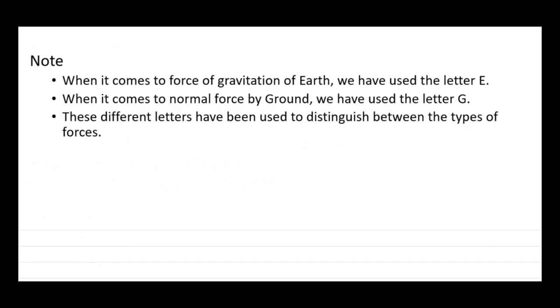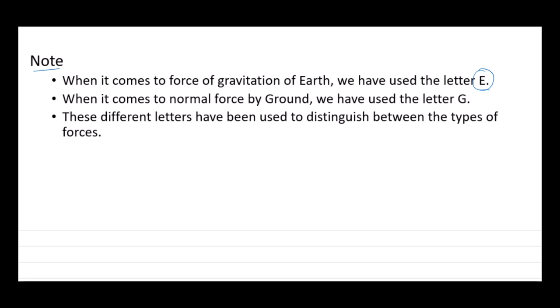So before we close, a note: whenever we are talking about the force of gravitation of Earth, we have always used the letter E, E for Earth, because the force of gravitation is acting towards the center of the Earth. So it's always Earth as a complete object which is exerting that force, and therefore we use force of gravitation with letter E. But when it comes to the normal force by ground, as you already know, the normal force is exerted by the surface in contact.